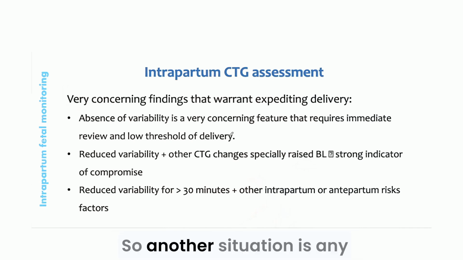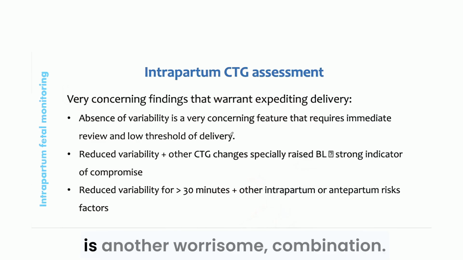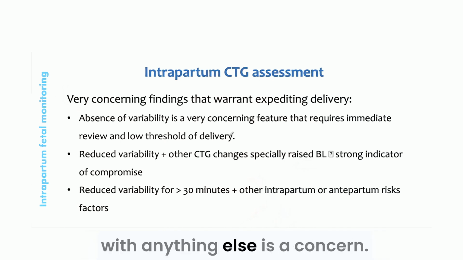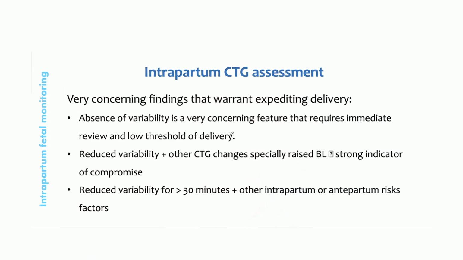So another situation is any sort of reduced variability that is associated with any other changes in the CTG. So the presence of decelerations along with reduced variability is another worrisome combination. So I would say reduced variability with anything else is a concern. And absent variability by itself is a concern. So this is how I would like to say it.